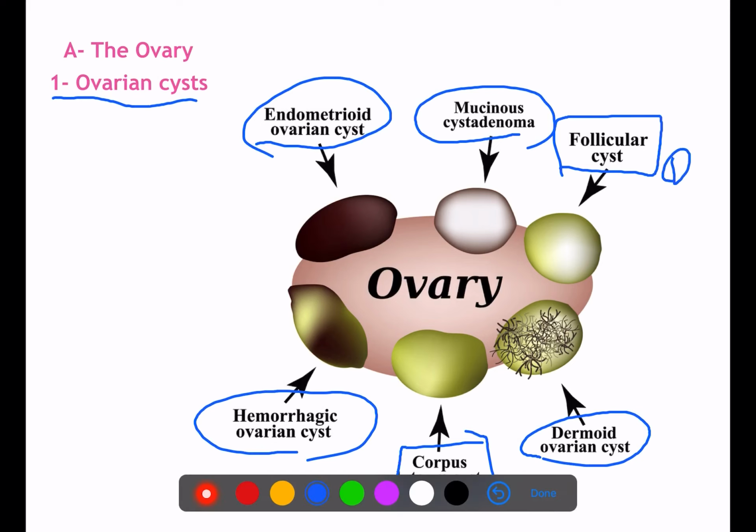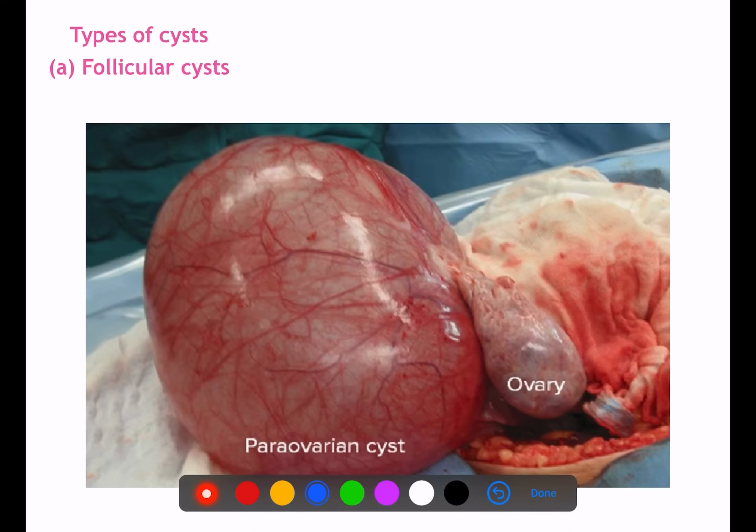These are the most important types, which can interfere with the function of the ovary. The first one, follicular cyst. The follicular cyst develops following the failure of a mature follicle to ovulate.